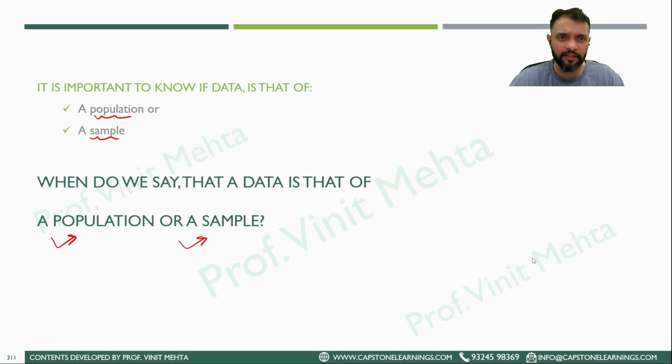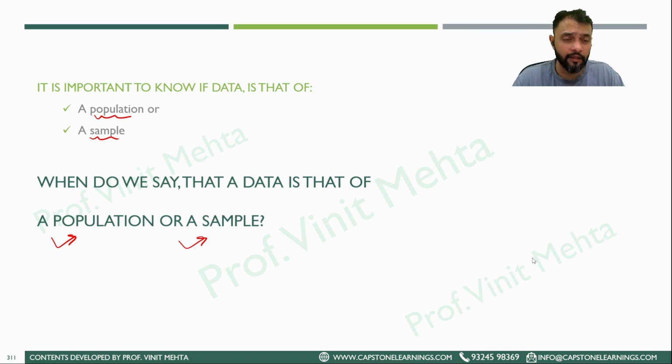For example, let's say there are only 10 colleges in India, and I want to know how good they are in terms of education. When I take the data of all these 10 colleges in India, it is the population, because there is no other possible outcome within India. I've taken all the colleges.